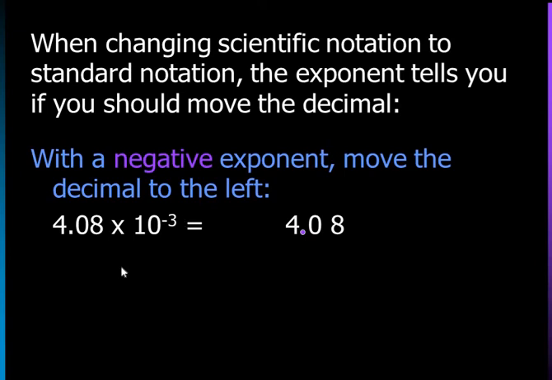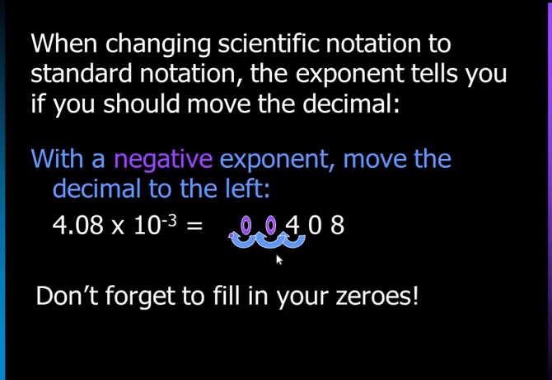Again, you have to move it 3 digits. As you can see here, this is 1, and you have to fill the places that have no digits with 0. We moved the decimal point 3 digits till here.